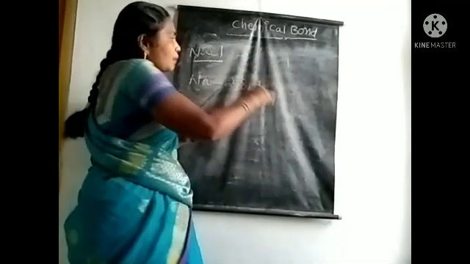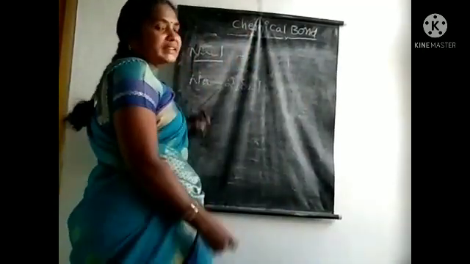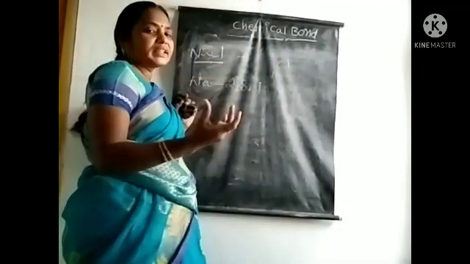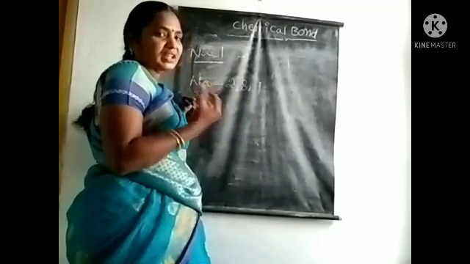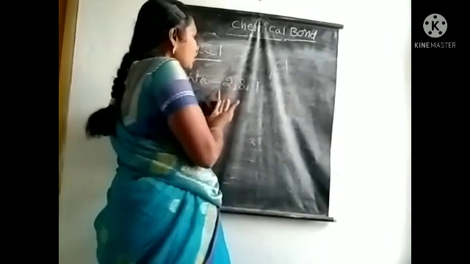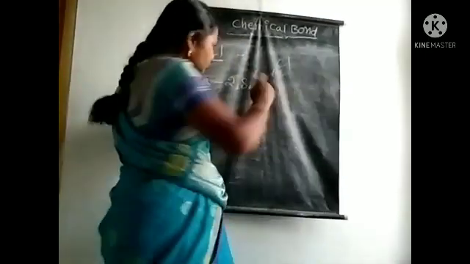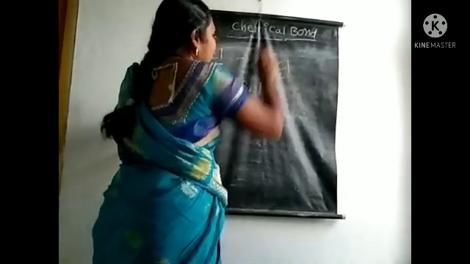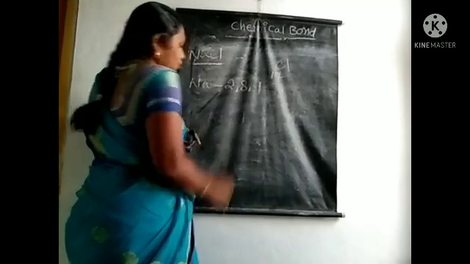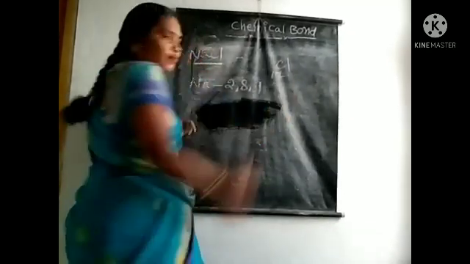Chlorine has atomic number 17. Chlorine needs one electron to form the octet inert gas configuration, so chlorine is ready to gain one electron. Sodium is ready to give one electron to chlorine. So the bond is formed between sodium and chlorine, and from this sodium chloride is formed.